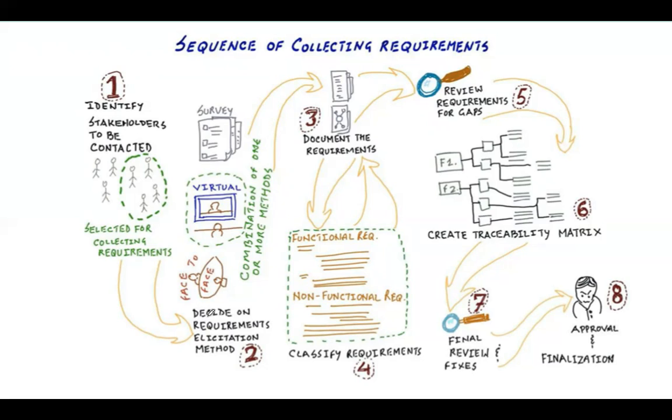A good example, kind of unrelated really to technical stuff, of how requirements are collected is the engagement that the National Curriculum Council had with the stakeholders in the current project of updating the Leaving Certificate.